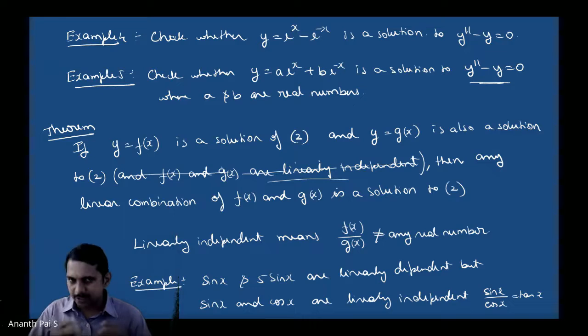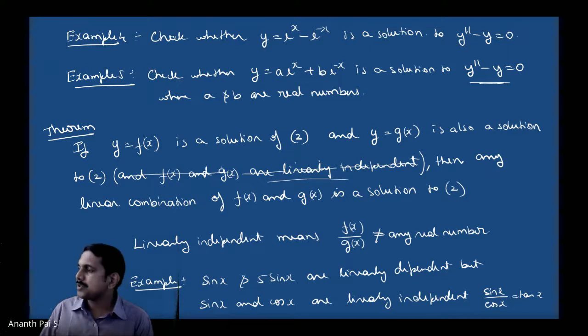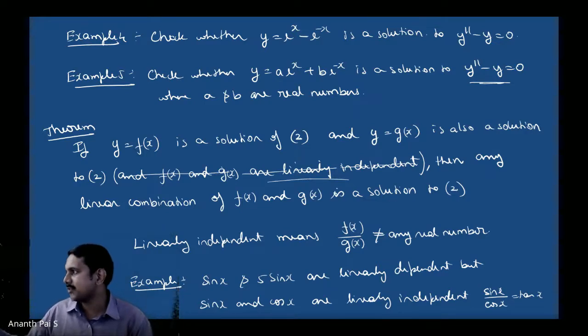Exactly. I have not told you what is linear combination. I will tell you. Linear combination means, suppose f of x is one function and g of x is another function. You say a f of x plus b g of x. That is another function, which is a linear combination of these two, where a and b are real numbers. Got the point?